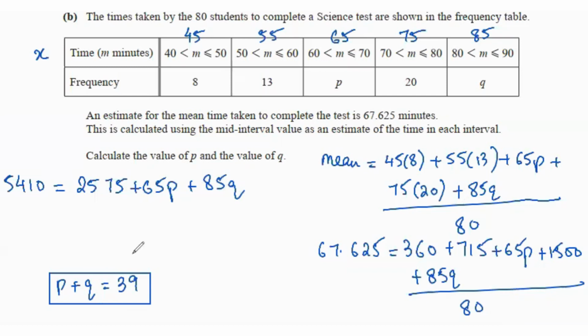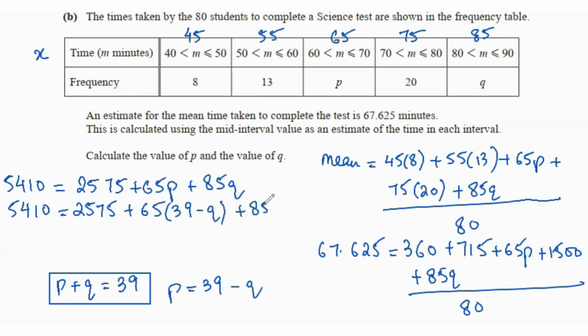So if p plus q is 39, I'm going to say that p equals 39 minus q. So if p equals 39 minus q, we can replace that within the mean equation over here. So 5410 equals 2575 plus 65 brackets 39 minus q, plus 85q.